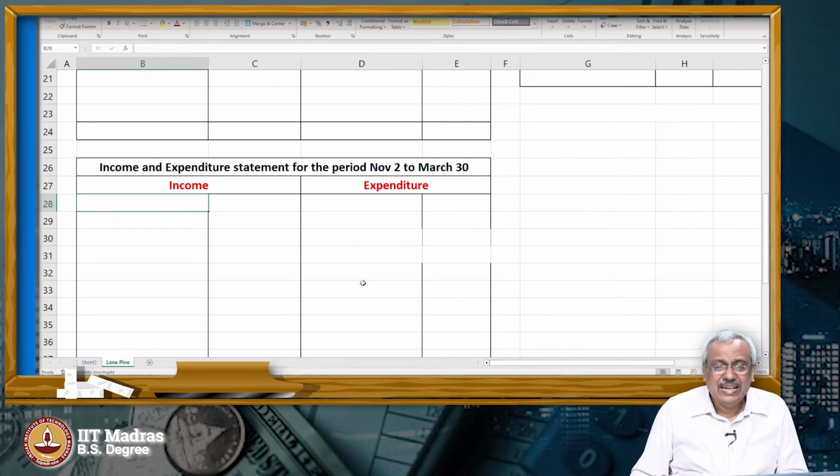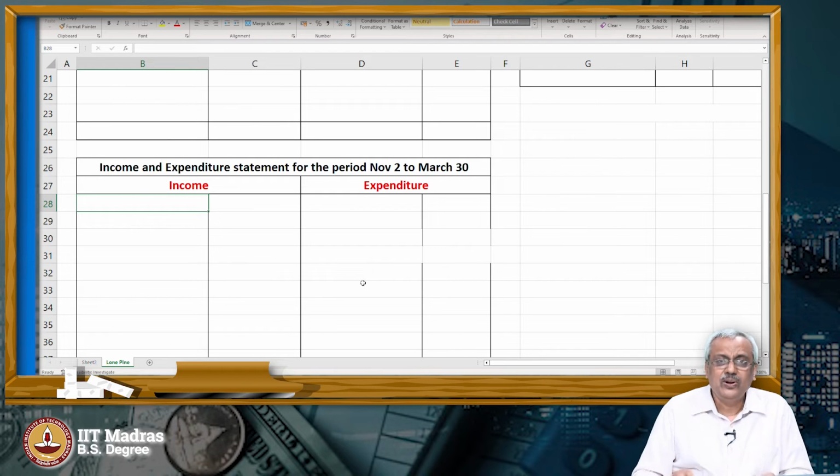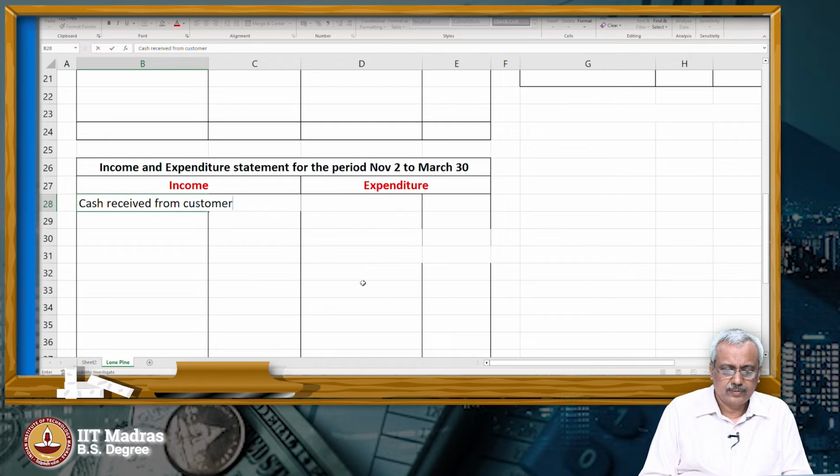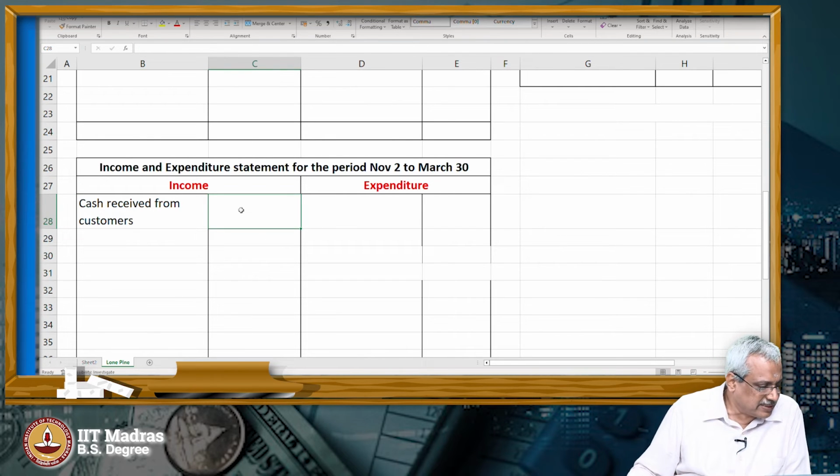So, is it an income? Is it a revenue? Well, yes, it is an income, it is a revenue for you. I will say cash received from customers. In this particular case, the amount of cash received from customers is about 43,480.